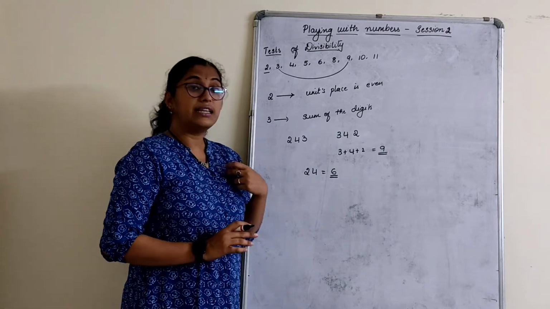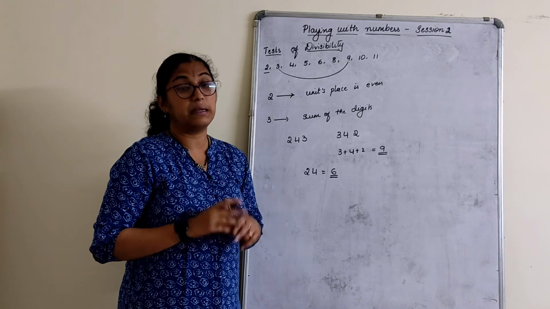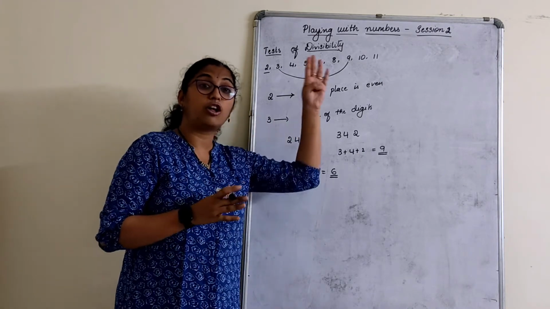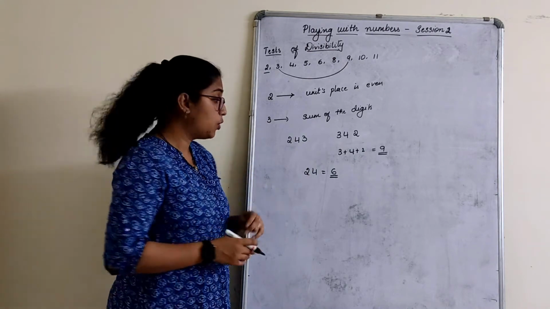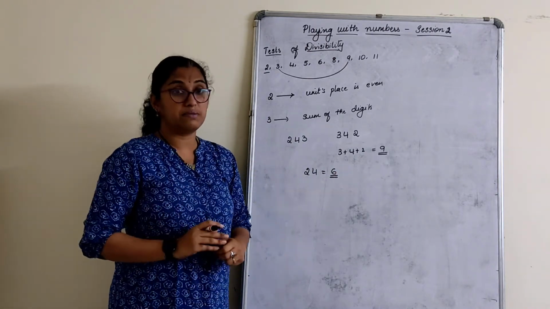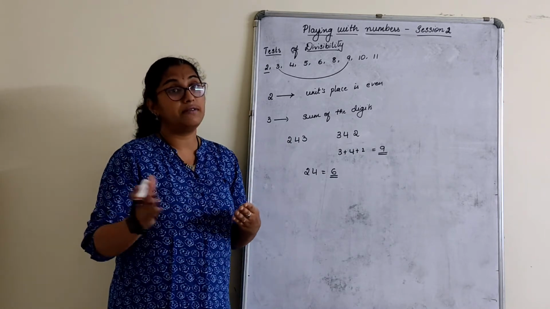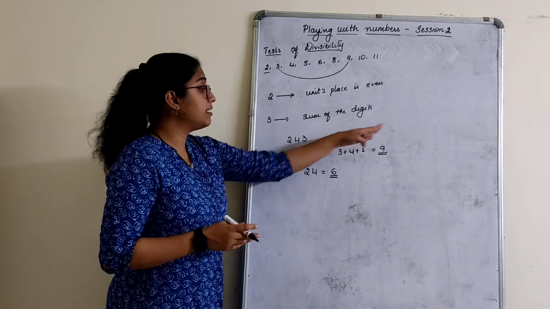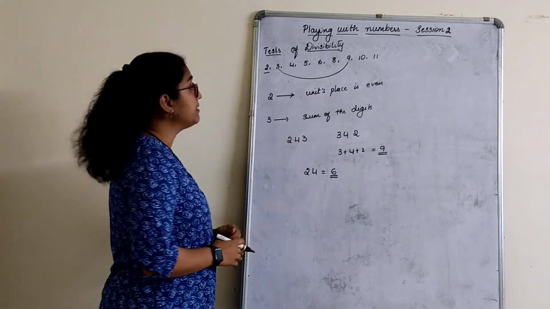That means numbers which are divisible by 3 need not be divisible by 9. But the numbers which are divisible by 9 are also divisible by 3. So not all numbers divisible by 3 are divisible by 9, and all numbers divisible by 9 are always divisible by 3.